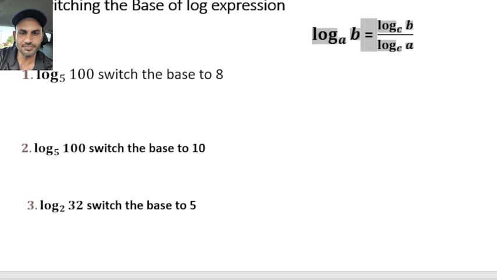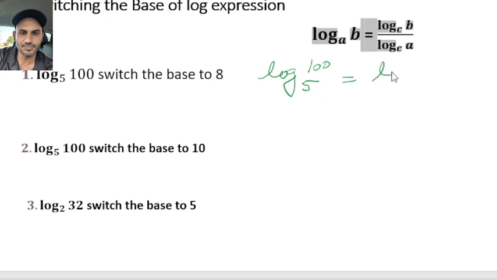So I'm going to actually do it here with these three expressions that I have written down. The first one says we want to find out log of 100 with base 5 if we switch the base to 8 instead of 5. So how do we do that? We write log of 100 with base 5, and we are going to convert the base into 8 now.